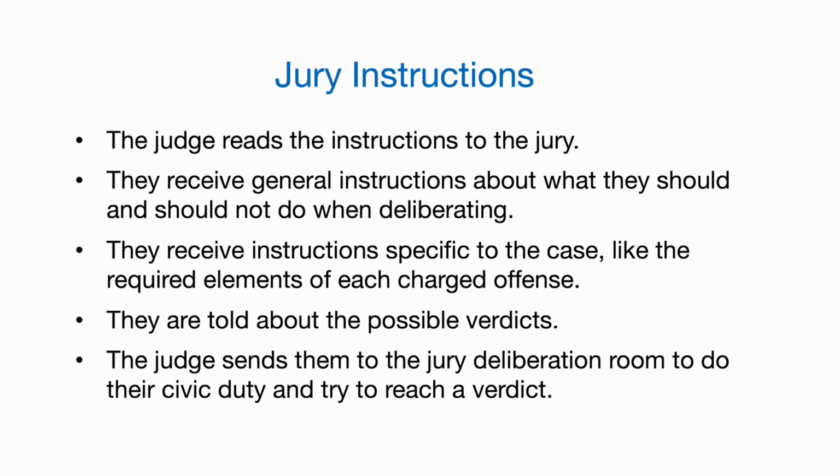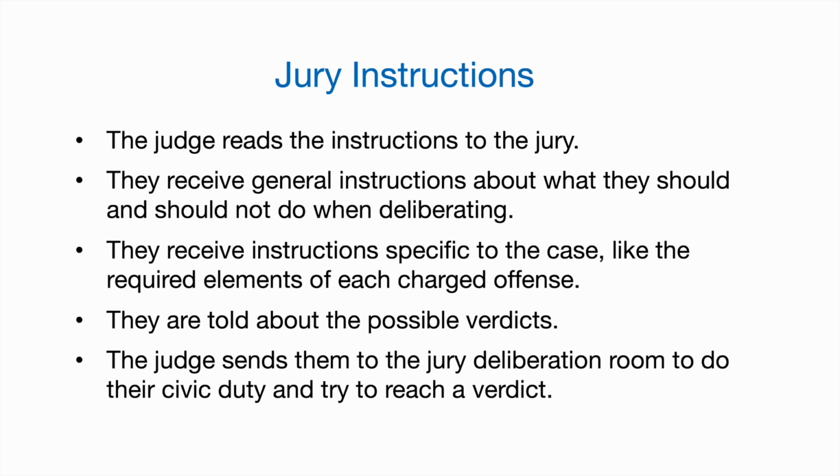At the stage of jury instructions, the judge reads the instructions to the jury. There are several parts to the jury instructions. There are general instructions that they read to every criminal trial jury, telling them what they should do and what they're not allowed to do when they're deliberating.